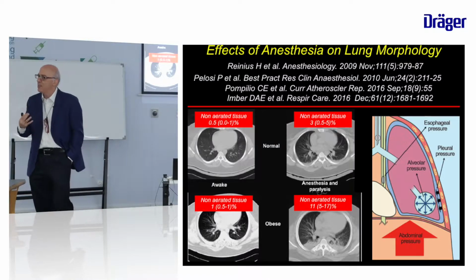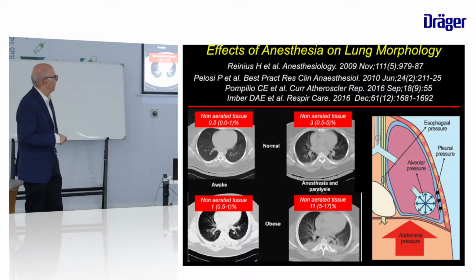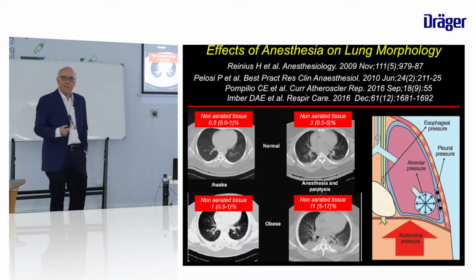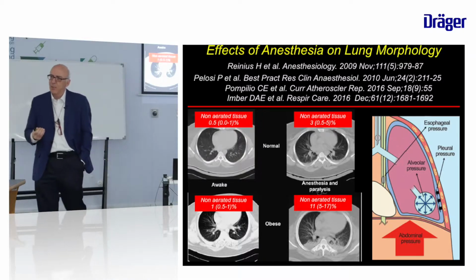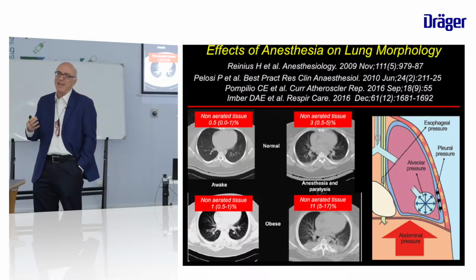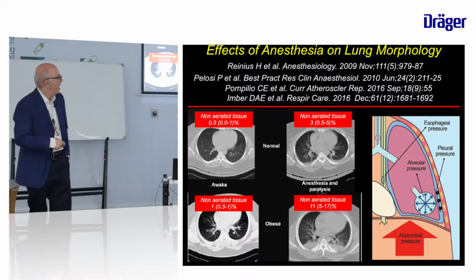So obese patients are characterized by massive atelectasis during surgery. And why that? Because you have an increase in the intra-abdominal pressure. In normal subjects, you have around 7 to 8 centimeters of water. In obese patients, you have 17 to 18 centimeters of water. I'm talking about morbidly obese patients.